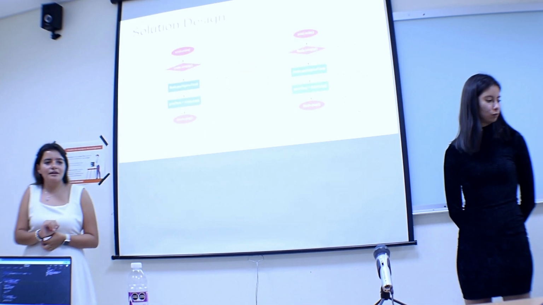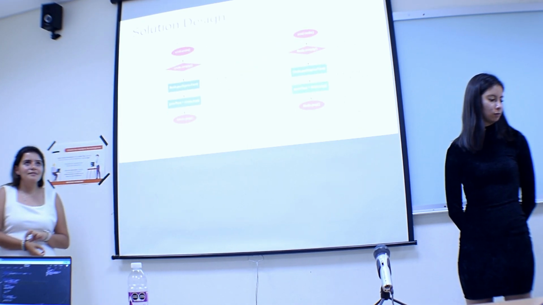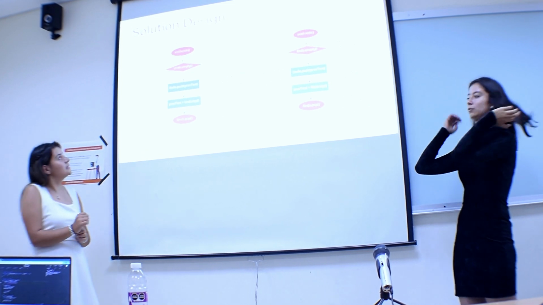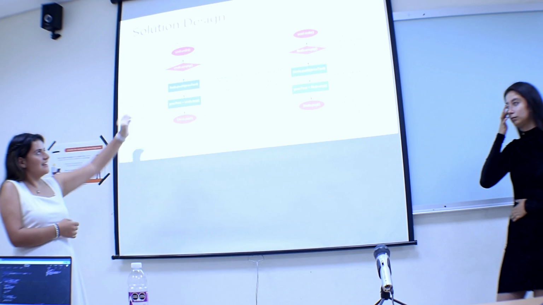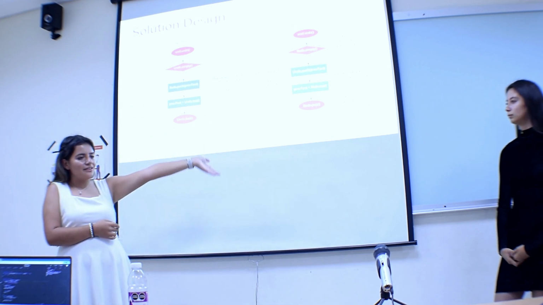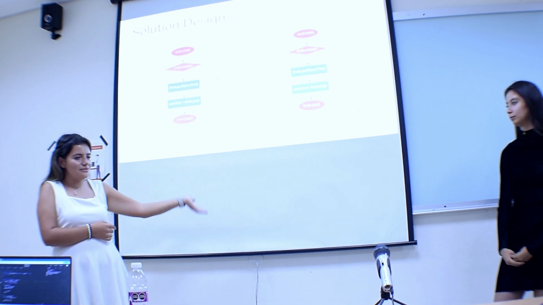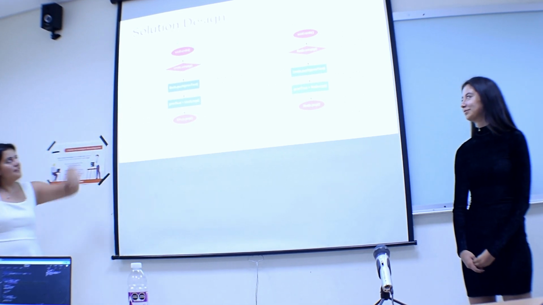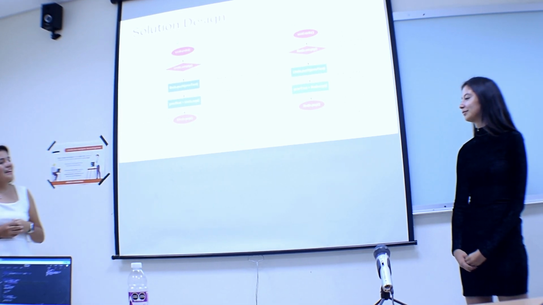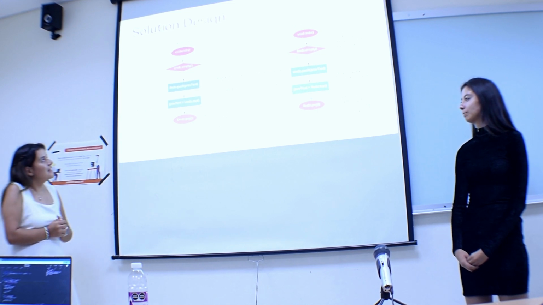Then we have the main characters of this code. We have the undo function, which is a stack, and the redo function, which is another stack, working to undo and redo the text. First of all, we have to check if undo is not empty.